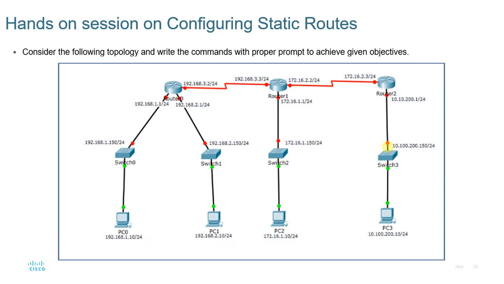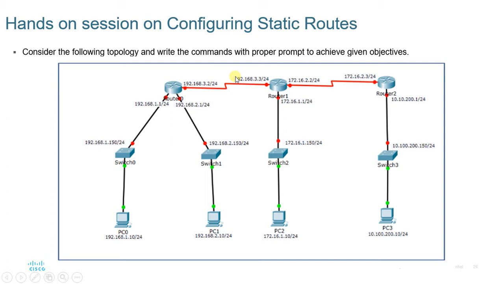So we will be taking this particular topology for configuring static routes. In this topology you can see that you have a router 0 which is connected to 192.168.1.0 network. This is 1.0 network. This is 2.0 network, 192.168.2.0 network. Router 1 is connected to 172.16.1.0 network.